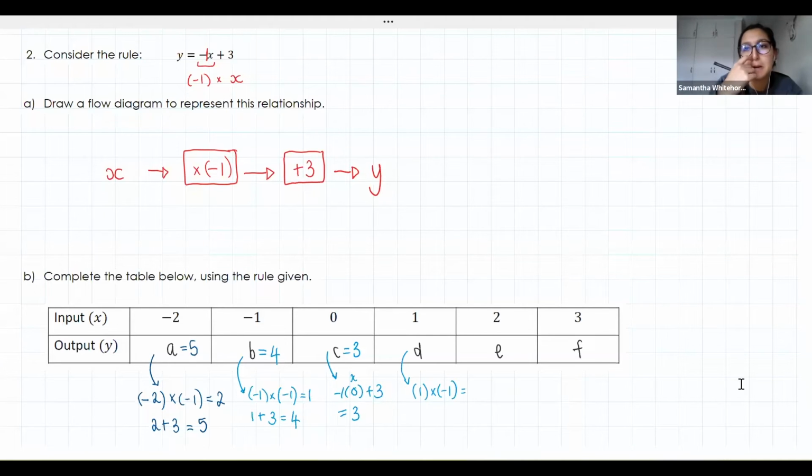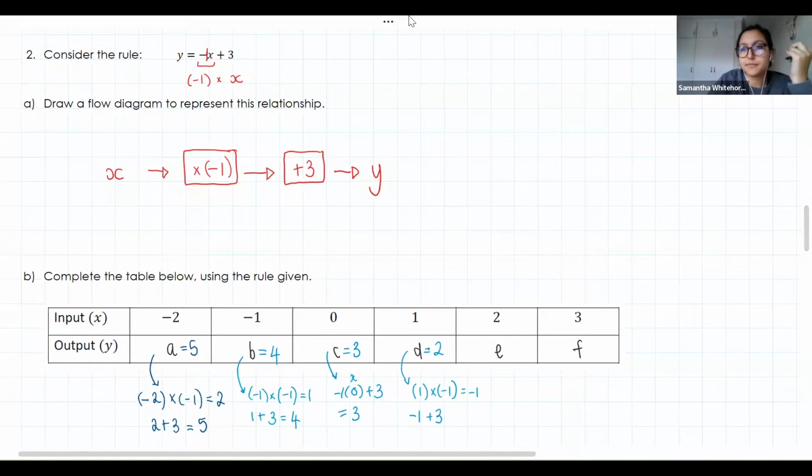Yeah, ma'am, my answer is 2. Okay, perfect. So guys, exactly. 1 times -1 is negative. Okay, so negative times negative, positive. And then if we've got a -1 and we're adding 3, we're going to end up with a positive 2. So D is positive 2. Well done, Princess.